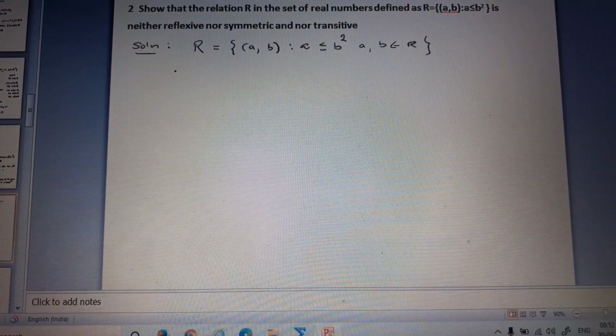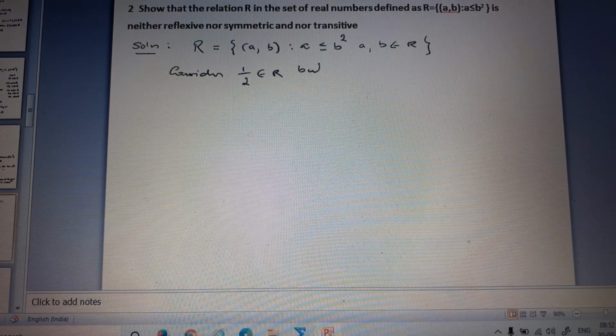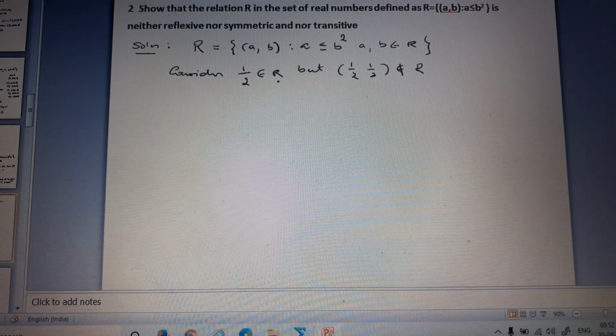Therefore, let me consider 1 by 2 belongs to R, but (1 by 2, 1 by 2) does not belong to this R. This R means set of reals.